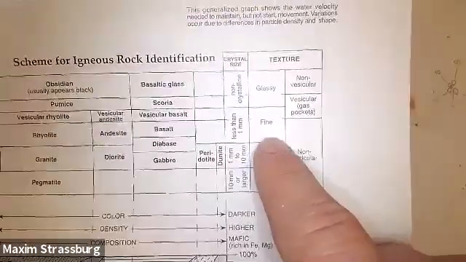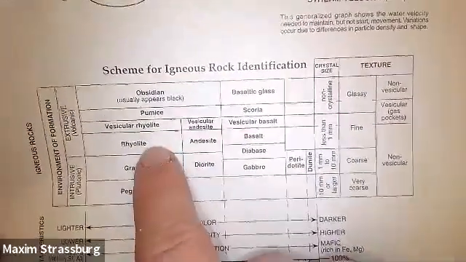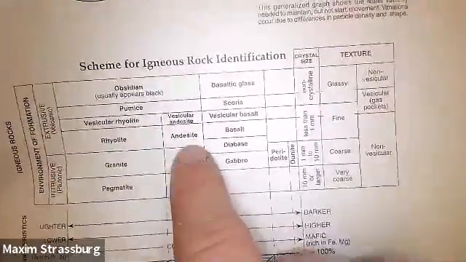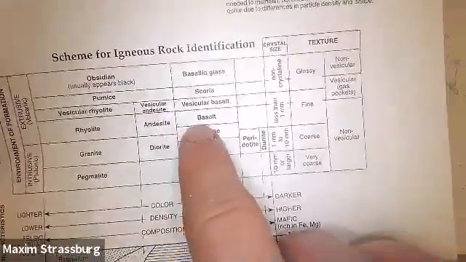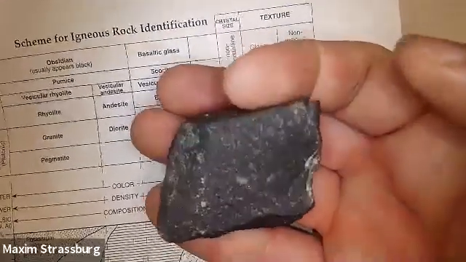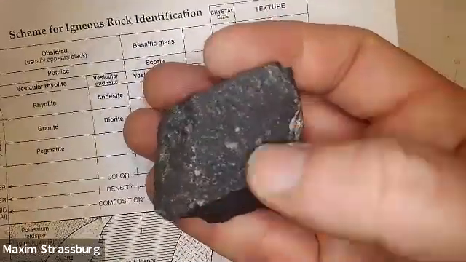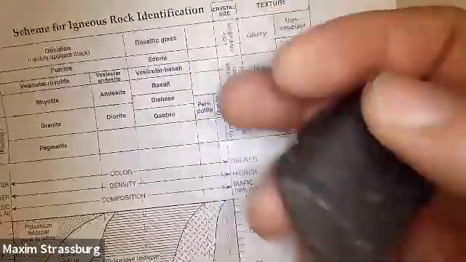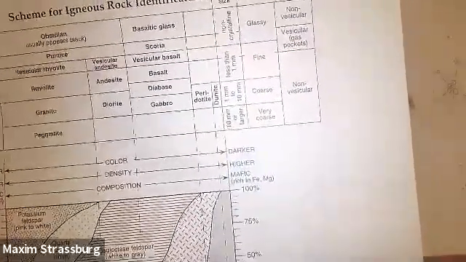And it's dark in color, so I'm going to rule out rhyolite. And it's not really even in the middle. It's actually quite dark. So I'm looking at basalt. Good about it? I do. It actually has a slightly greenish hue, which denotes that it could have some olivine in it as well.